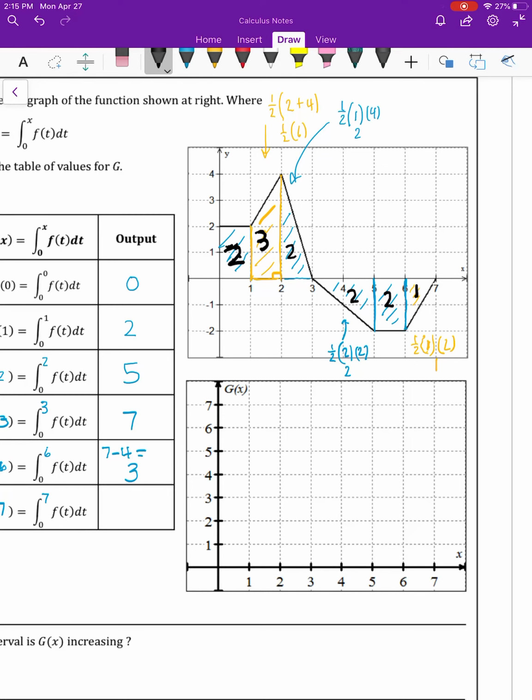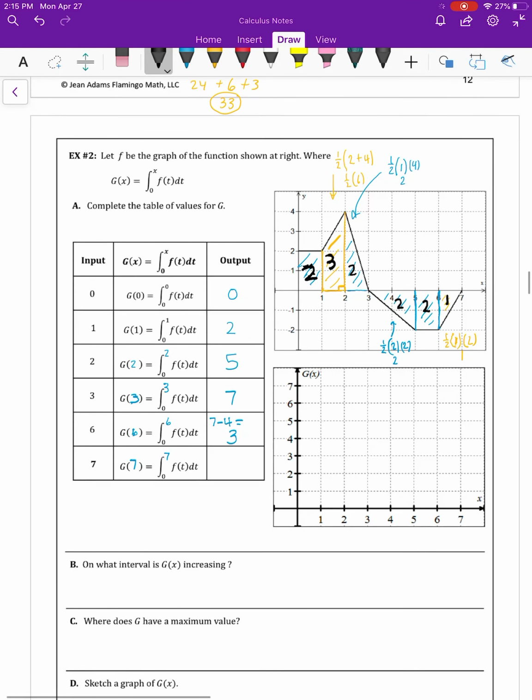So this area is 1. So now I'm just going to look at it as from 0 to 7. We have positive 7. And we have negative 5. So this answer is going to be 2.